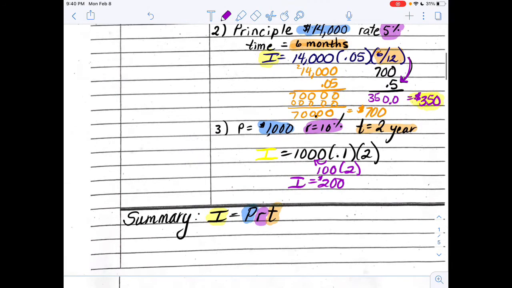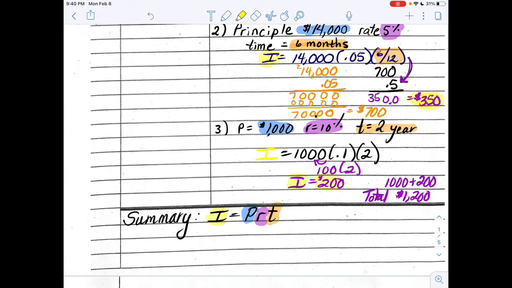But the total paid back is that $1,000 plus $200 in interest. So it's a total of, excuse me, let me fix that. 1,200 is our total. But if you're just figuring out what your interest is, it's only the $200.